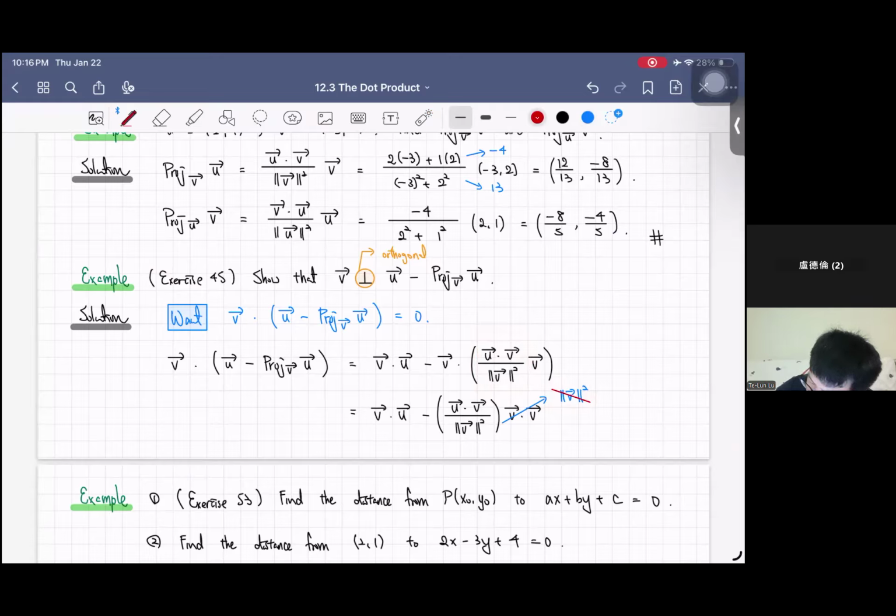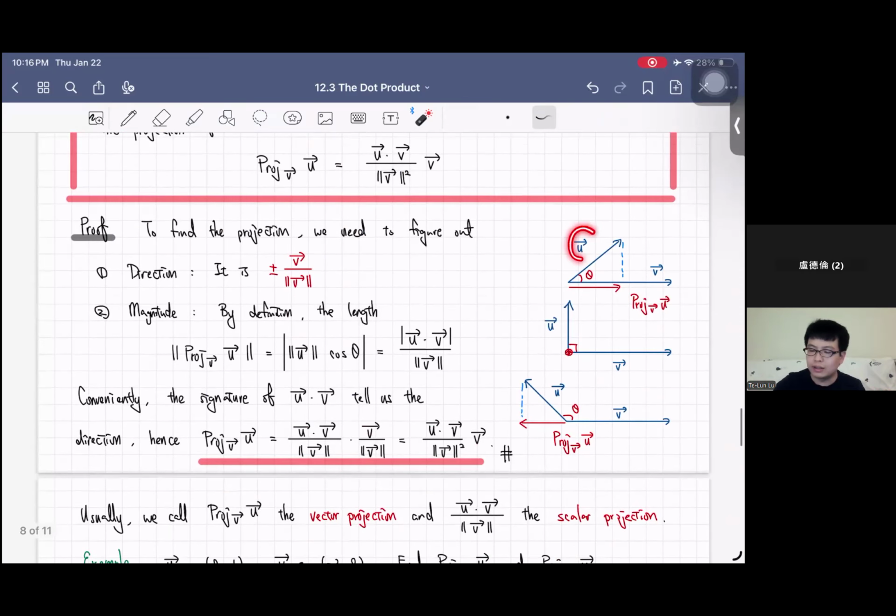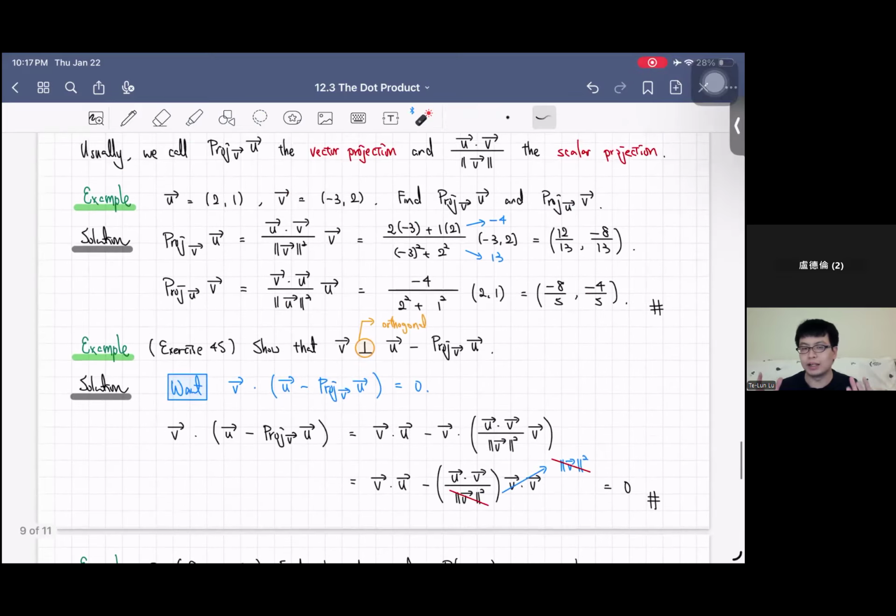Miraculously, this v squared cancels out, and you get v dot u minus u dot v, and those are the same thing because the dot product commutes. So it's 0, and then we're done, because orthogonality comes from the dot product being 0. And just to remind, this is completely intuitive, because u minus the projection is simply this guy, or this guy, or this guy, and those are basically orthogonal to v. So this is just verifying algebraically something that we geometrically know.